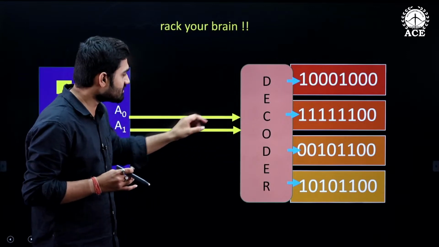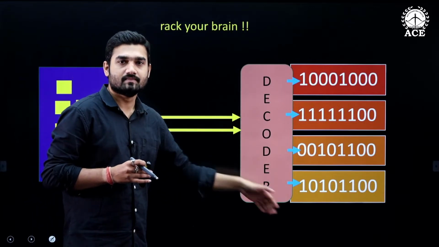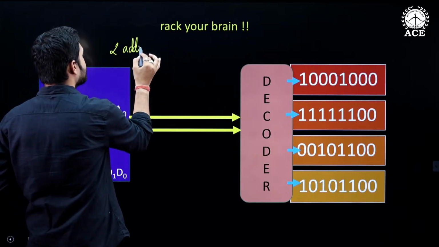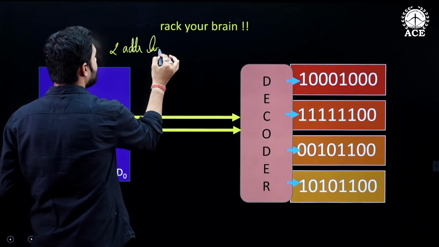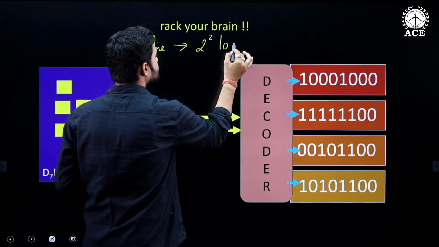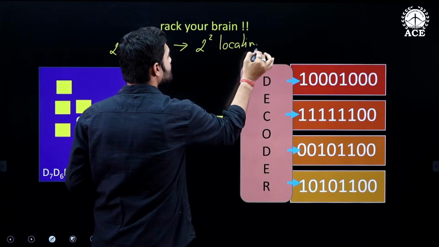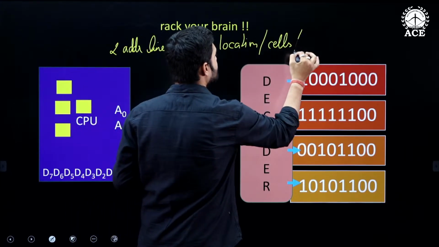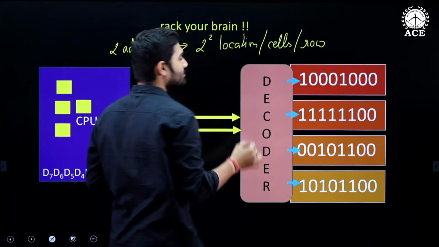With two address lines, I am accessing 4 locations. I am accessing 2 power 2 locations. That means 2 power 2 cells, or you can say 2 power 2 rows, like many words are there.